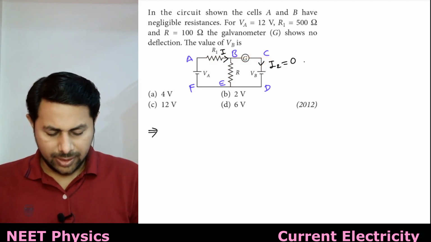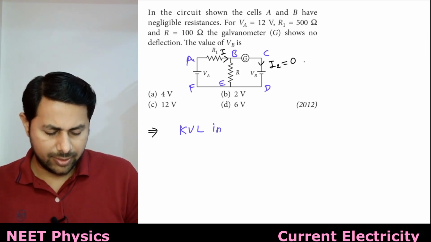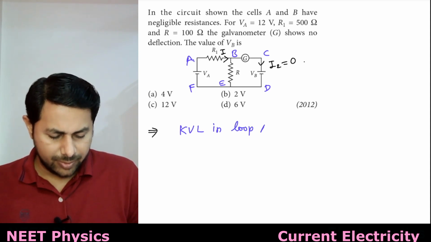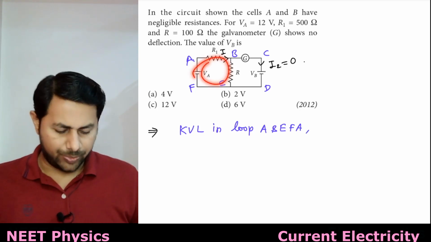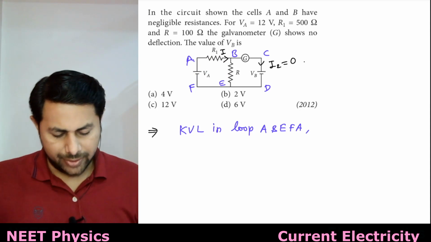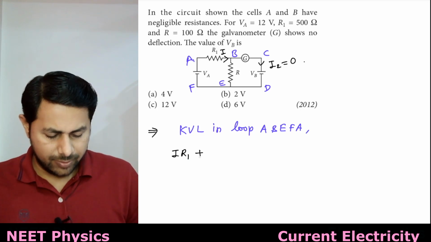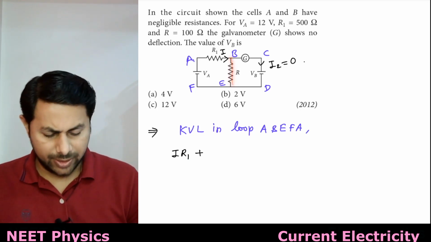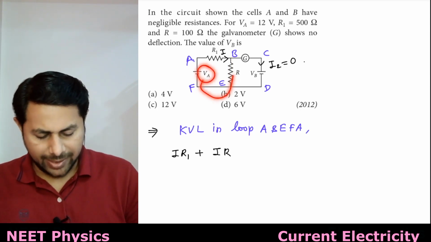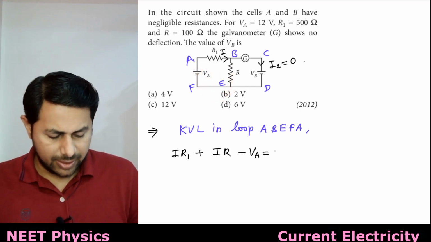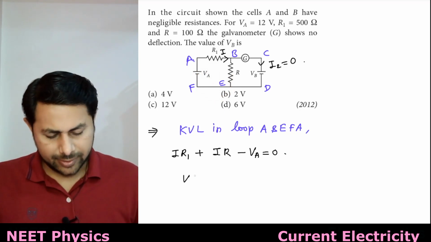Then let's apply KVL in loop 1, the loop A, B, E, F, A. Again you are moving in the direction of current, so you have I times R1 plus I times R, and then minus VA, and that's equal to 0.